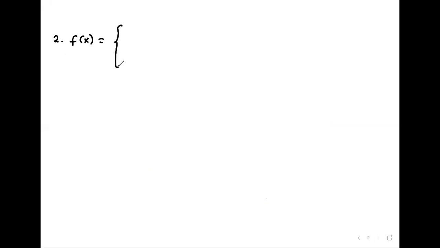Okay, another one. Negative x minus 3 for x less than negative 3. And 9 minus x squared for negative 3 less or equal to x less than 3.